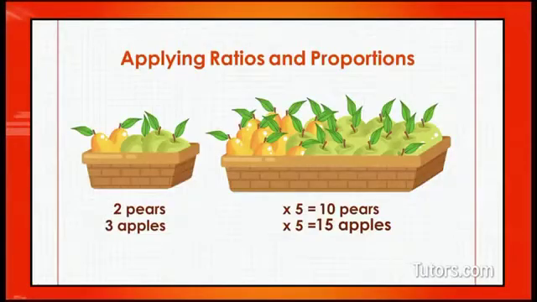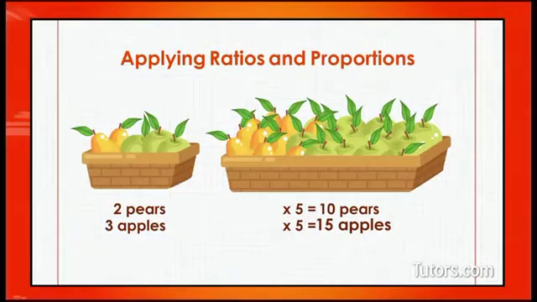So let's look at applying ratios and proportion. The ratio exists, 2 pears to 3 apples. Now let's look at what's happening. They would have applied some amount of increase there because you had 2 pears, now you have 10. You had 3 apples, now you have 15. What kind of proportion is this?